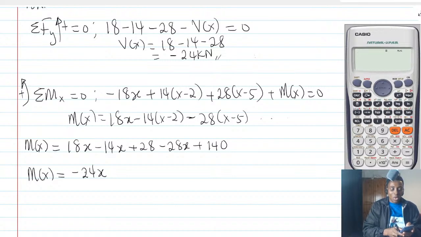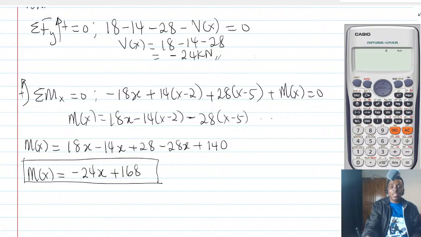And then 28 plus 140 is 168. So minus 24x plus 168.